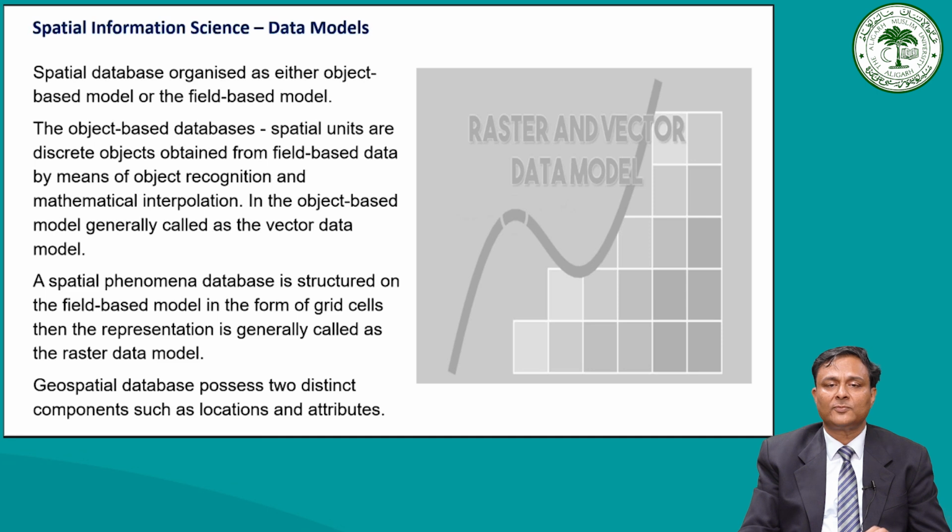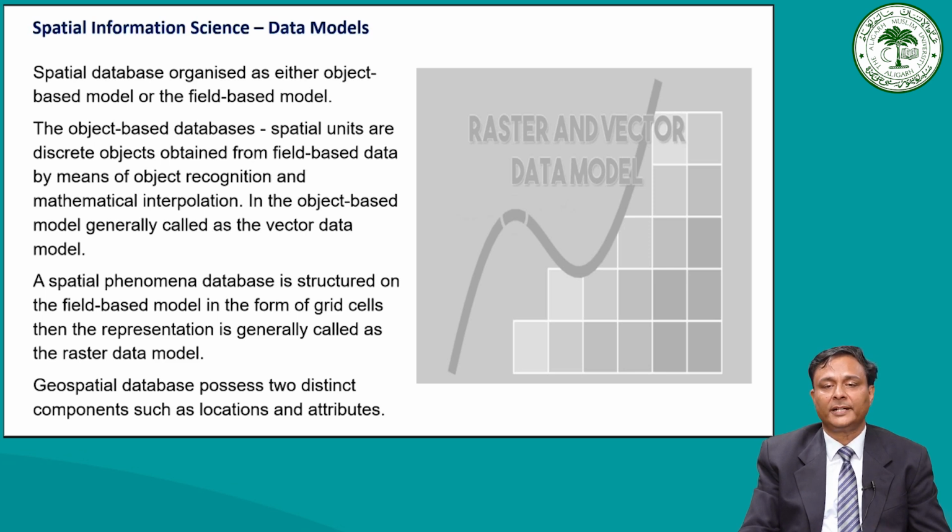In the object-based model, spatial data is mostly represented in the form of coordinate lists. The good example is the vector lines, generally called the vector data model. When a spatial phenomena database is structured on the field-based model in the form of grid or square or rectangular cells, then the representation is called the raster data model.